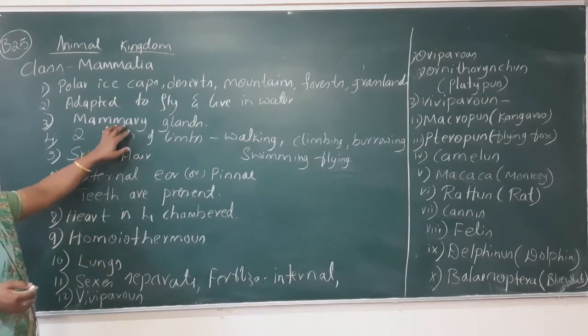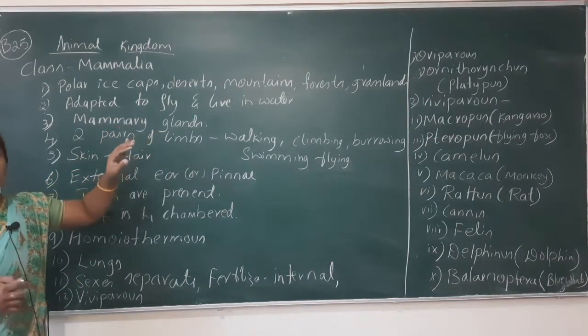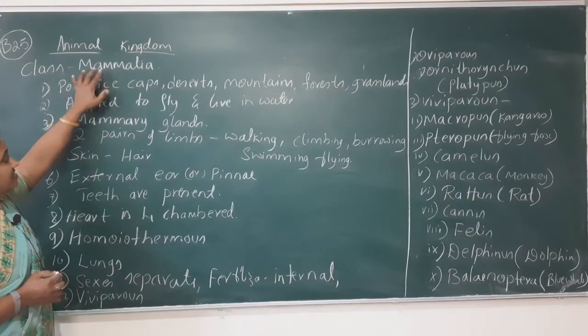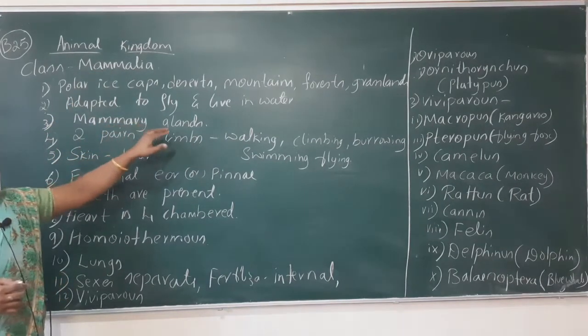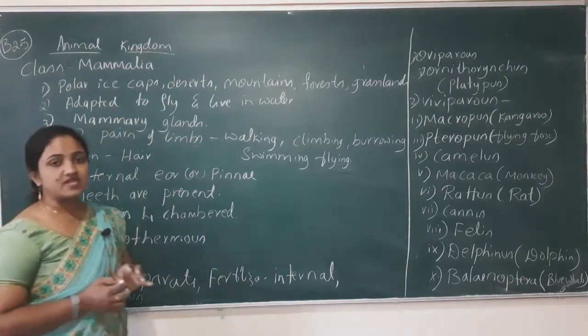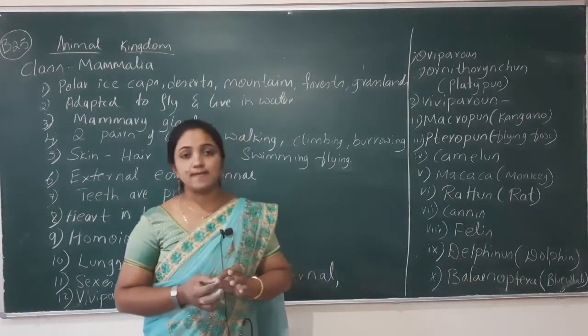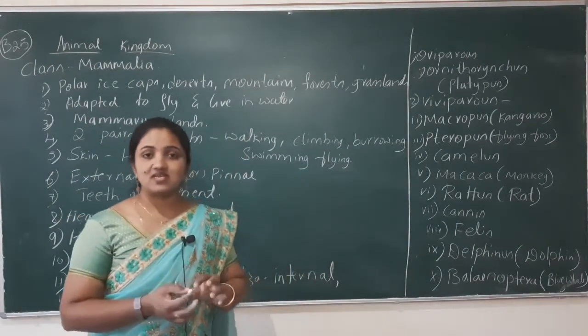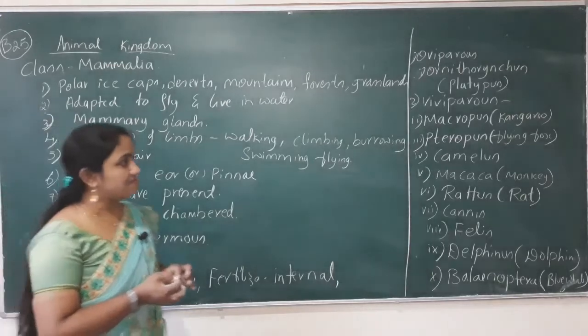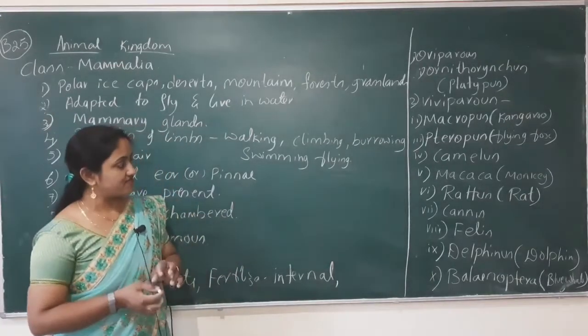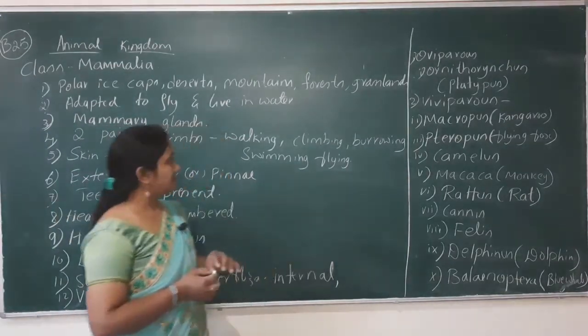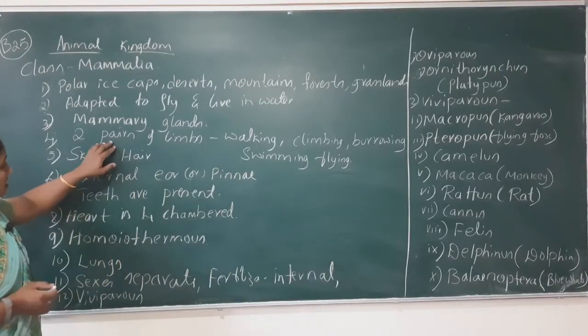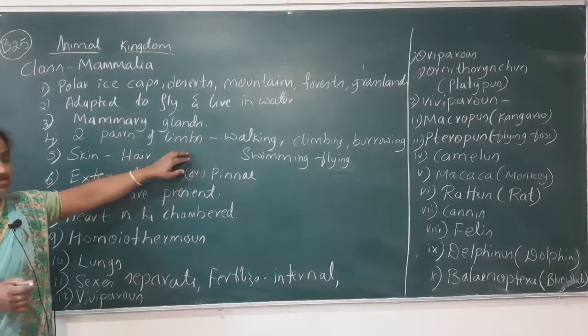The very important and unique feature of class Mammalia is having mammary glands. From the mammary gland, it secretes milk. By drinking that milk, the young one gets nourished. It has two pairs of limbs.